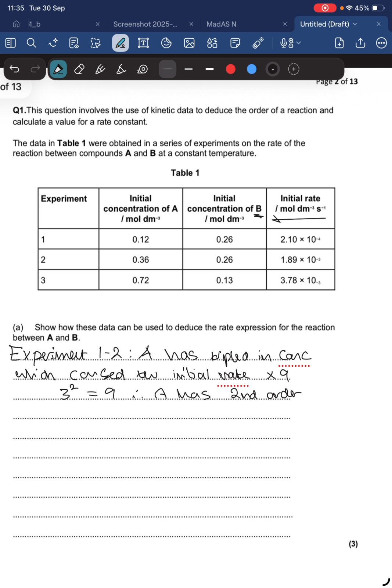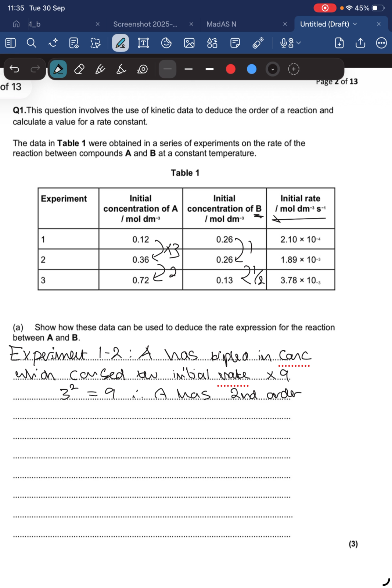If you look at B, this has not changed, so this has remained the same, and this has times by 3. This has times by 2, however, this has halved, right? Now the thing is, when we're given tables like this, what you have to do is spot the pattern, okay? So this has times by 2.